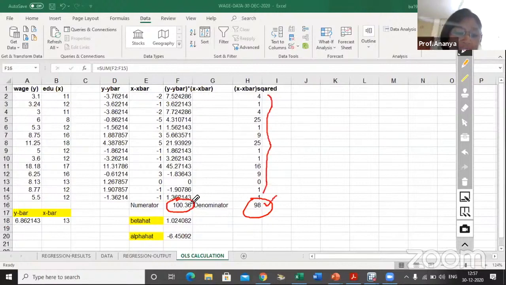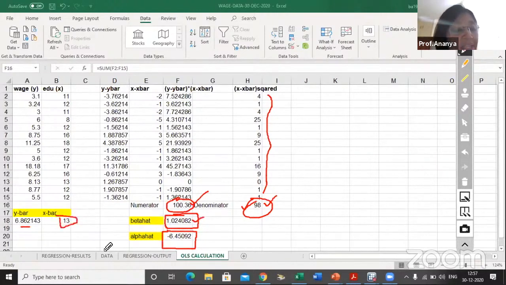When I divide this by this, I get beta hat. And what is alpha hat? Alpha hat is nothing but y bar minus beta hat into x bar.